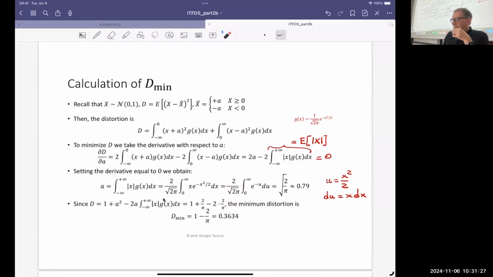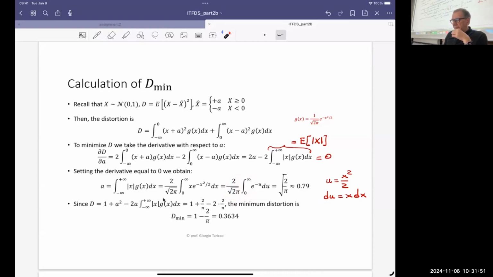And this integral, since the primitive function corresponding to e to the minus u is minus e to the minus u, is clearly equal to 1. So we get the factor here as the final result that can be simplified to the square root of 2 over pi.